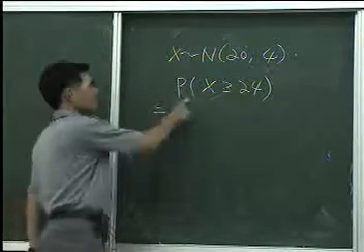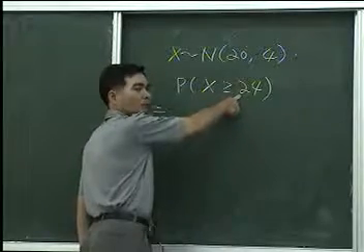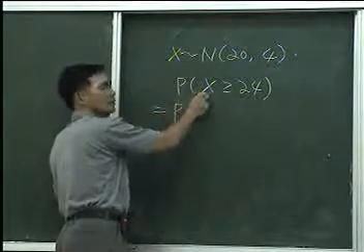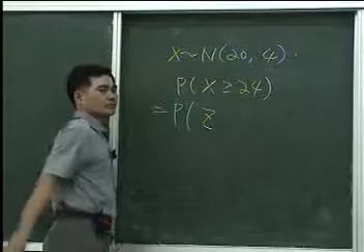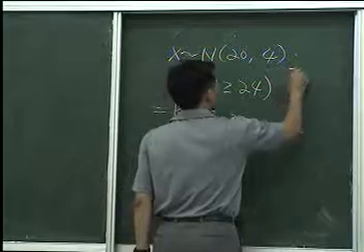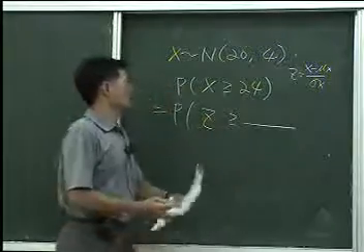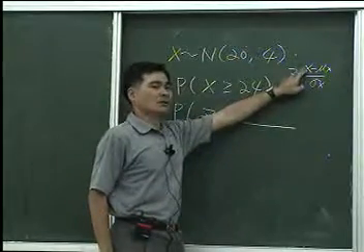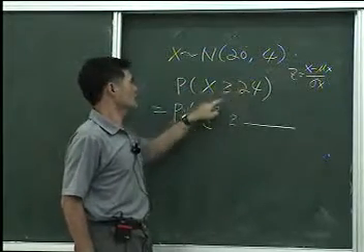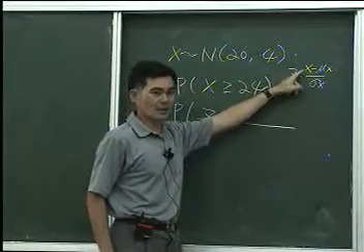So the question is, find the probability of X greater than or equal to 24. It will be hard to find because we only have the standard normal table. So we have to change X into Z. And how do we change that into Z? As you know, Z is equal to (X minus mu X) divided by sigma X, right? Here this X is equal to 24.